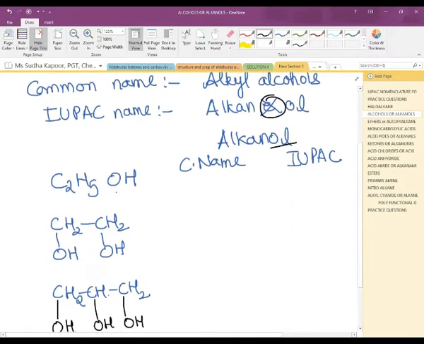So let us start with C2H5OH. It is known as ethyl alcohol in the common, but for alkanols, the 2-carbon alkane is ethane. So we will call it ethanol, removing the E, adding ol. In the case of vicinal alcohols, vicinal meaning continuous carbons having the functional group present on them, this is the case of the dihydric alcohol.